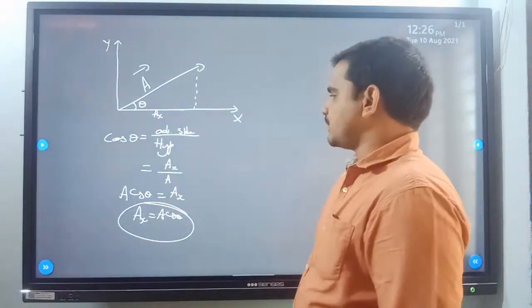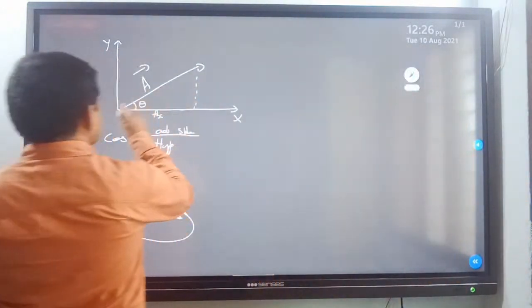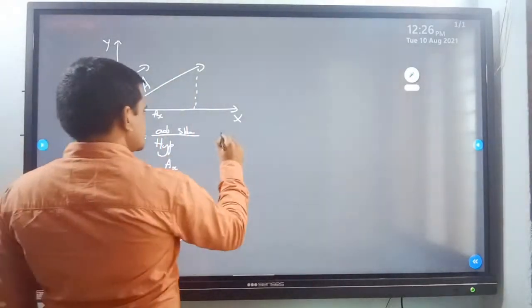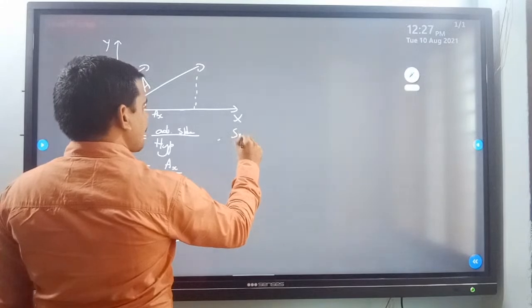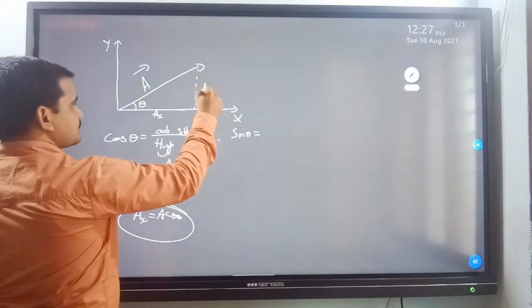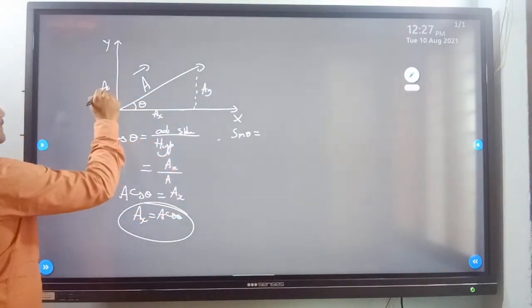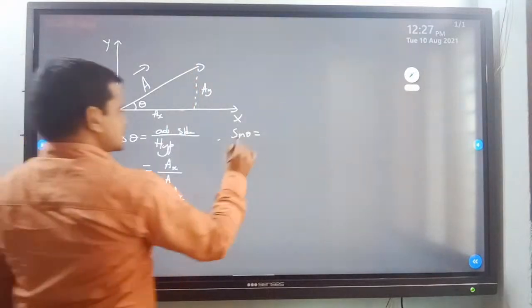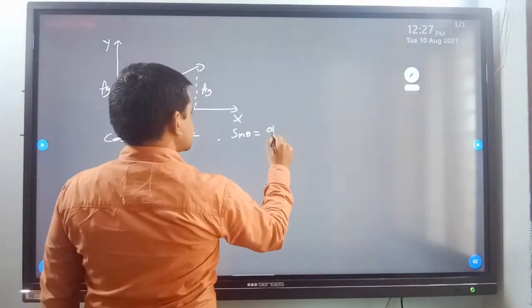In the same way, from this same right angle triangle, what is sin theta? Sin theta means opposite side by hypotenuse. The opposite side is this, which I will name as AY. It is the same one here. What is the opposite side?